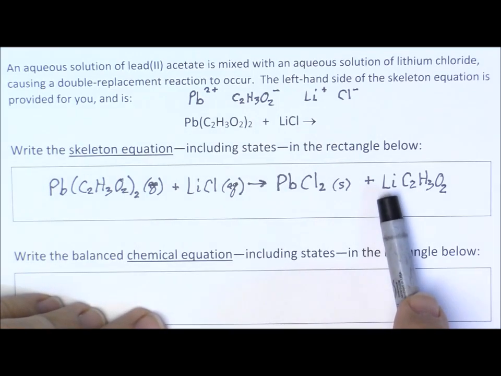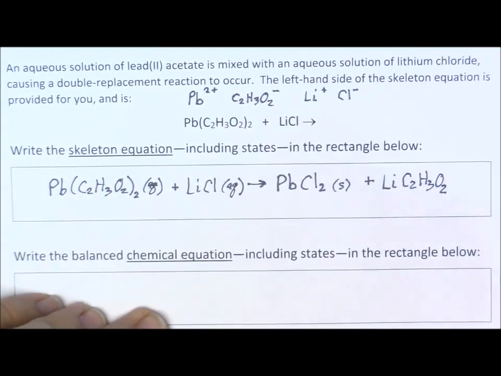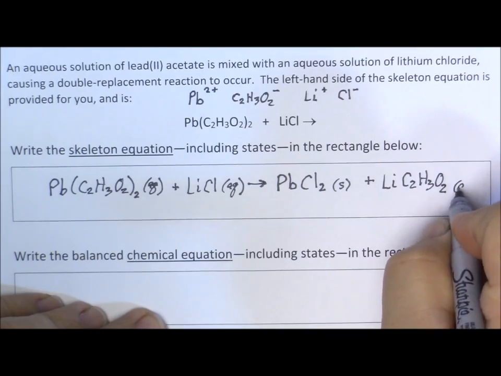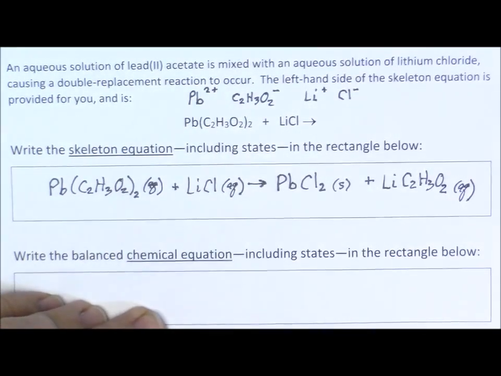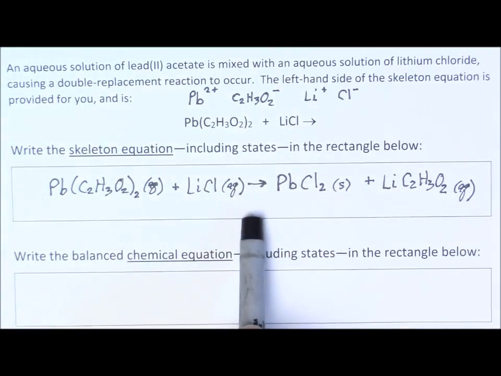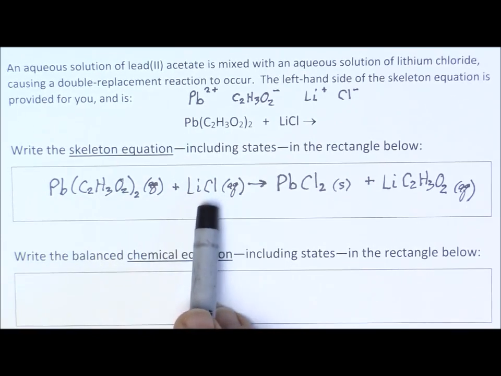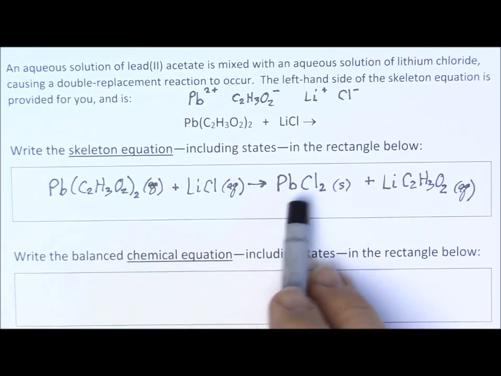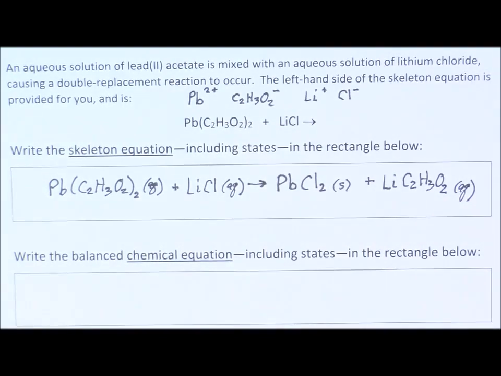Lithium is an alkali metal, so this salt should be soluble, meaning it will be aqueous. So there we have the skeleton equation for the reaction: lead 2 acetate plus lithium chloride yields lead 2 chloride plus lithium acetate. When we come back, we'll write the balanced chemical equation.